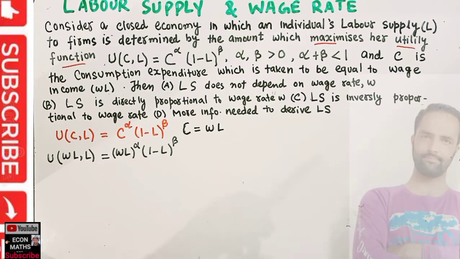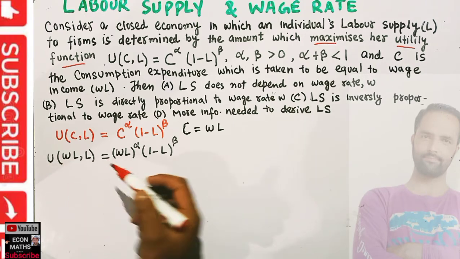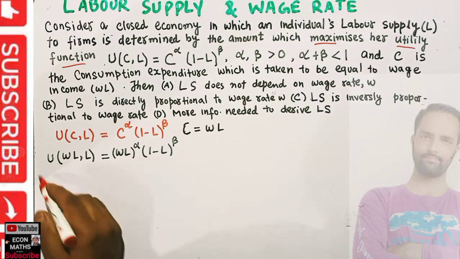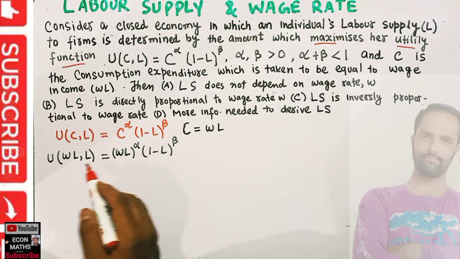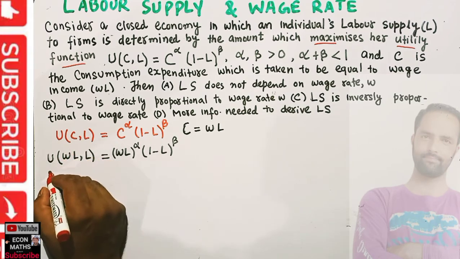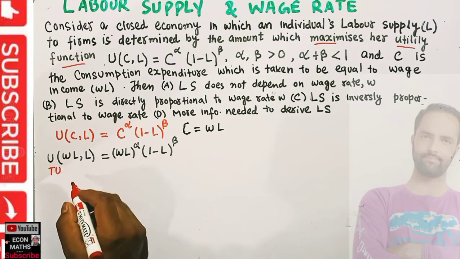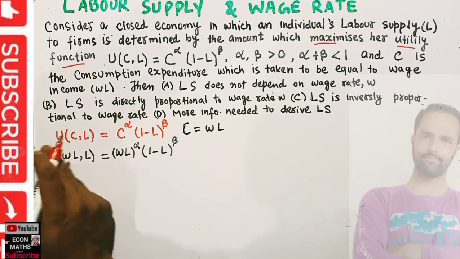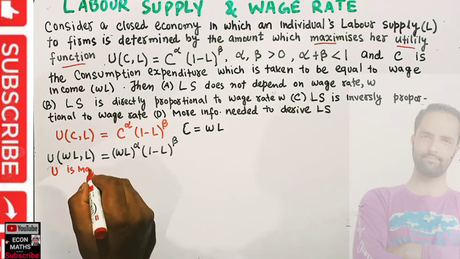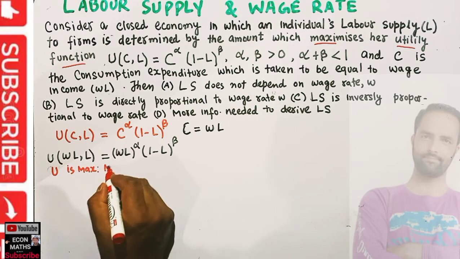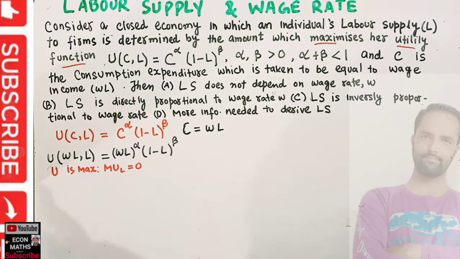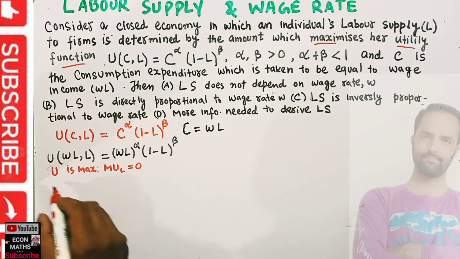So this is our total utility. To find the marginal utility, we just take the derivative of this function and set it equal to 0. So total utility, or simply utility, is maximum when marginal utility of labor is equal to 0. Now what is marginal utility of labor?